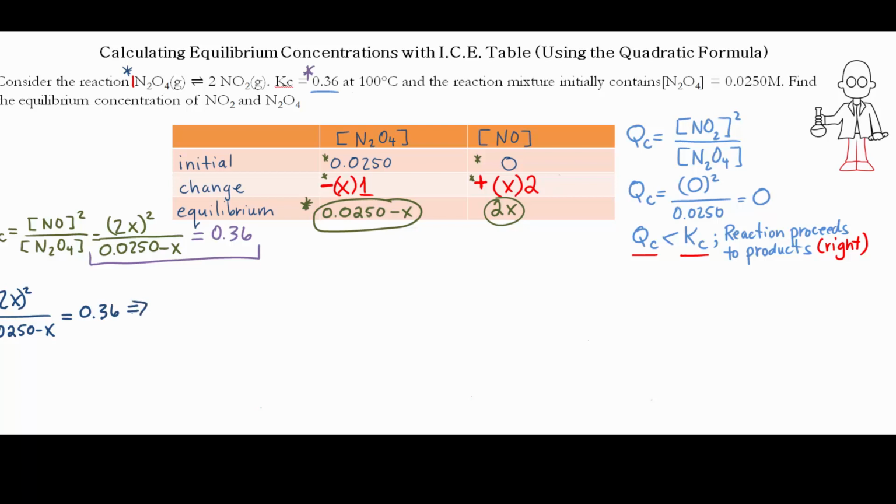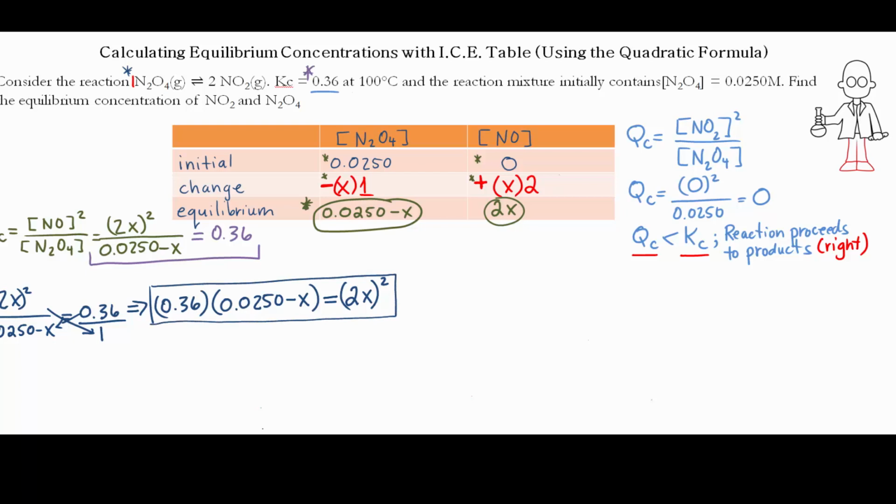So what I can then do is cross multiply, or set up an expression that says 0.36 times 0.0250 minus x, set that equal to 2x squared. So what I did was I cross multiplied here and cross multiplied there, and that gave me that expression.